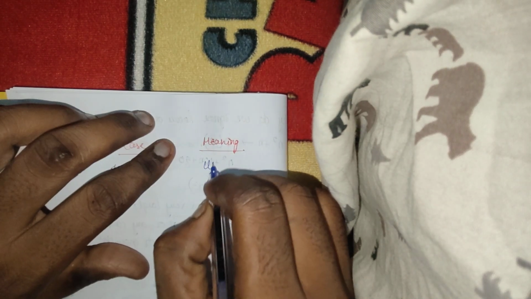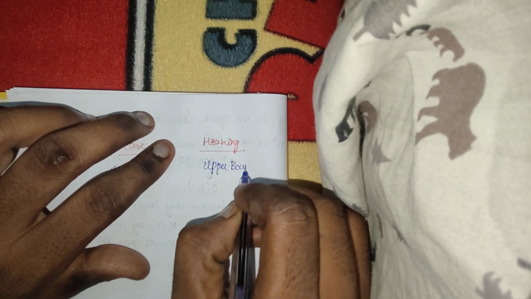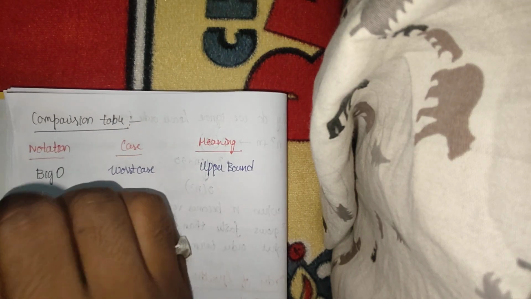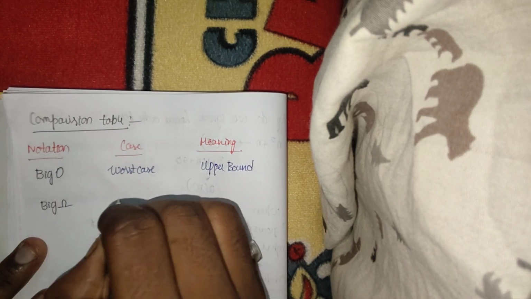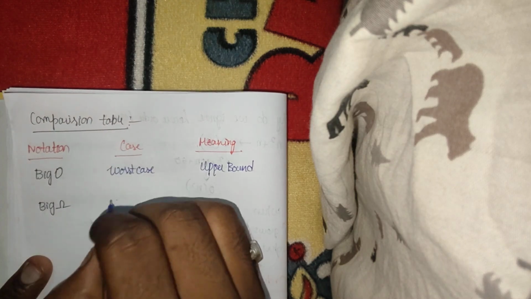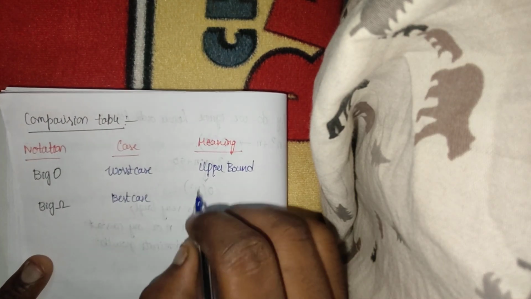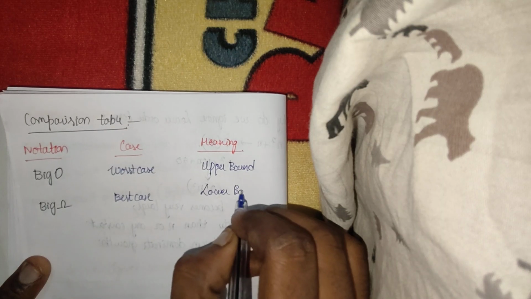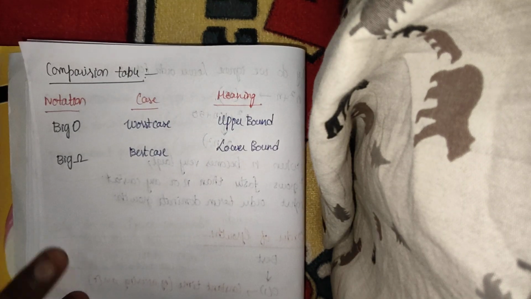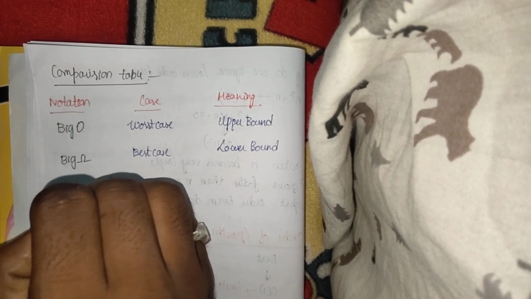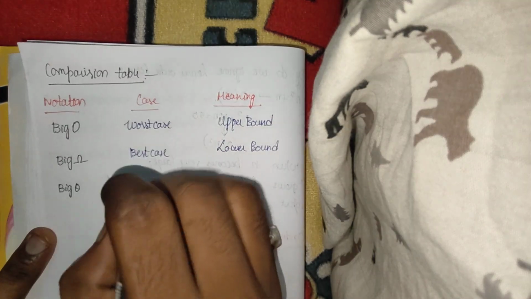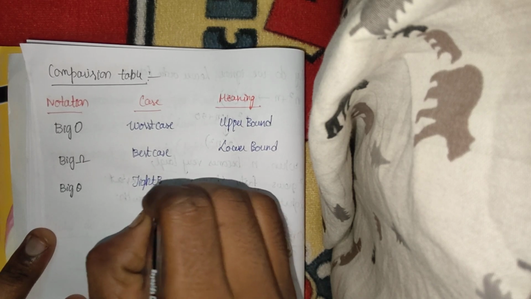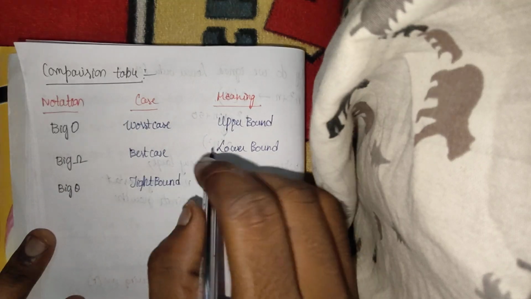Big O is the worst case, upper bound. Big omega is the best case, lower bound. Big theta is the tight bound, exact growth order.